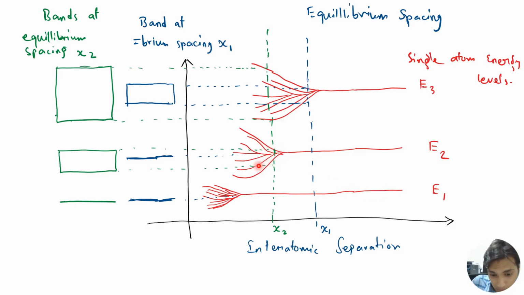When you bring them even closer, the further inner orbital starts getting split. So this is how your band will start forming.